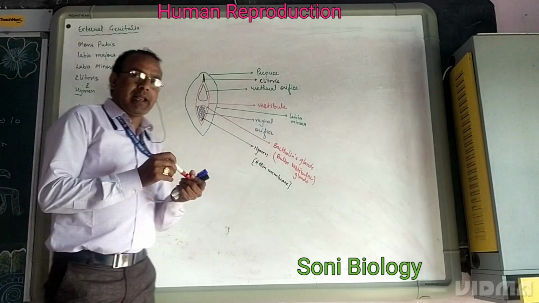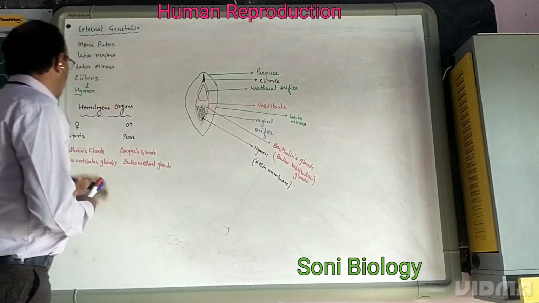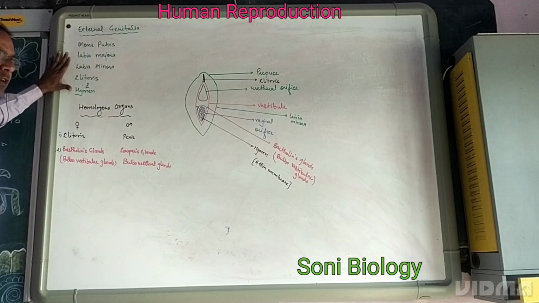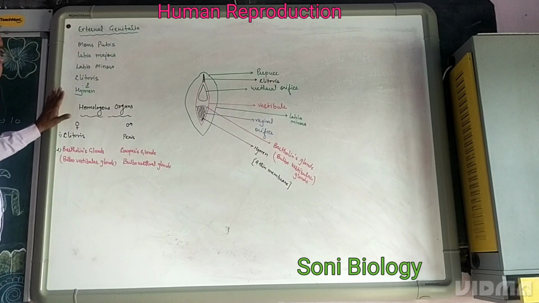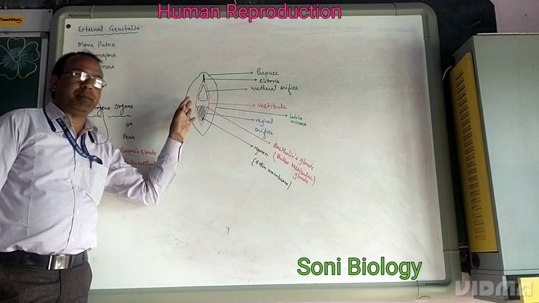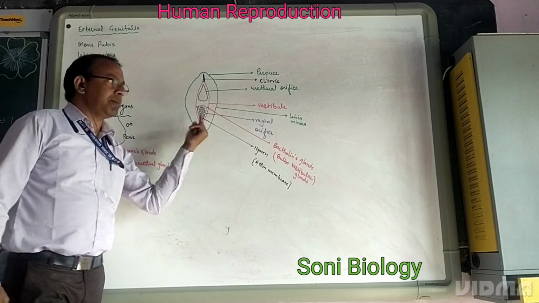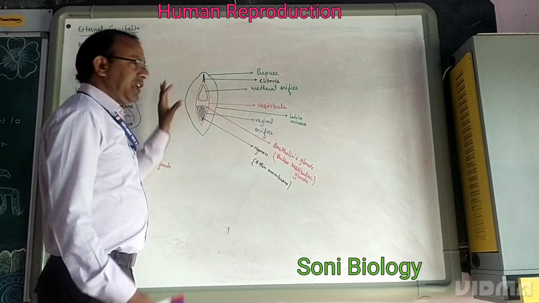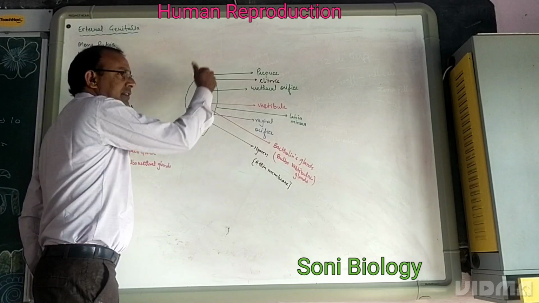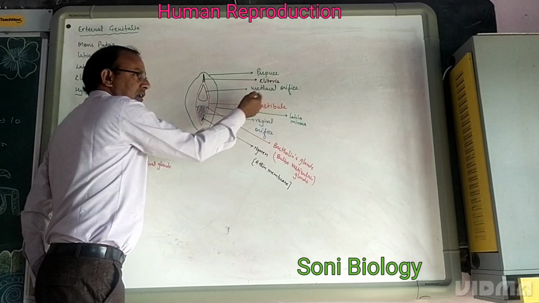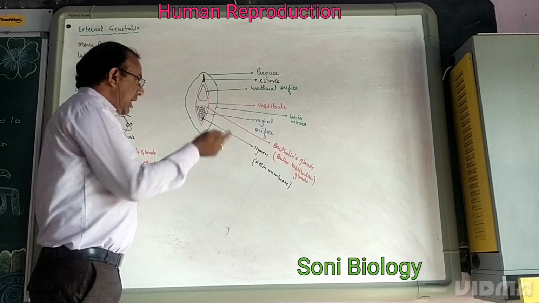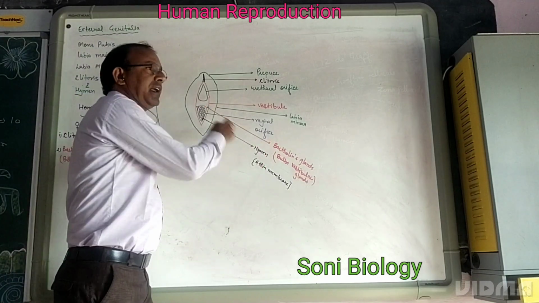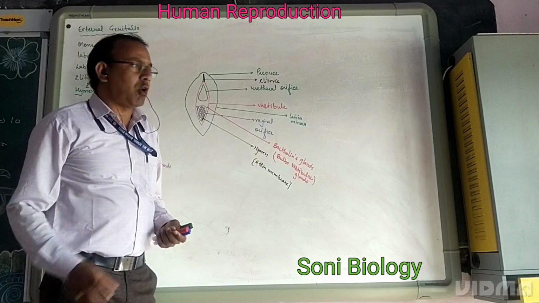Again listen, female external genitalia consist of mons pubis, labia majora, labia minora, clitoris and hymen. In external genitalia of female, one depression is present, called vestibule. This vestibule consists of two openings, the upper one called urethral orifice for urinary secretion, and the lower one called vaginal orifice. This pathway helps in the mating process, in copulation.